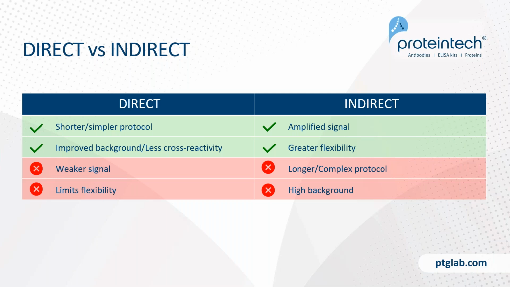Indirect is good because it amplifies the signal for perhaps less abundant antigens, and also has greater flexibility as you can use multiple different secondaries with different coloured fluorophores attached between experiments. However, this has a slightly longer, more complex protocol and can result in higher background.